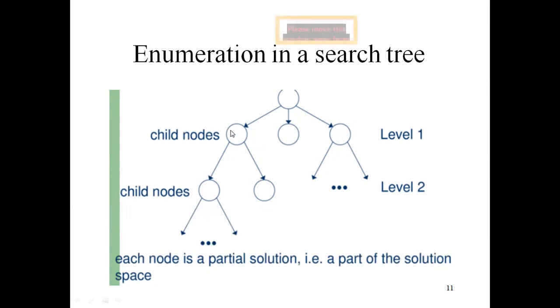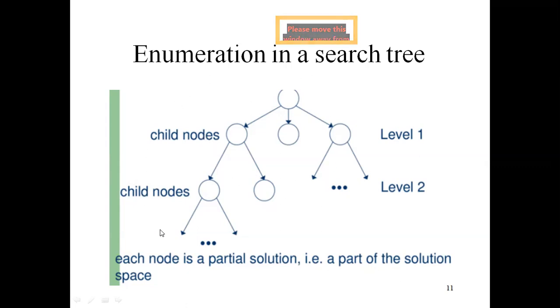We have child nodes here. Again, we have level 1, level 2, level by level. We are giving the numbers. So each node is a partial solution. That is a part of the solution space. Each node you can consider as a partial solution.